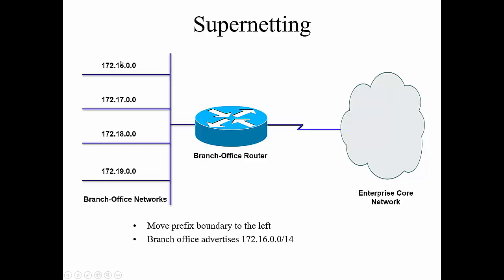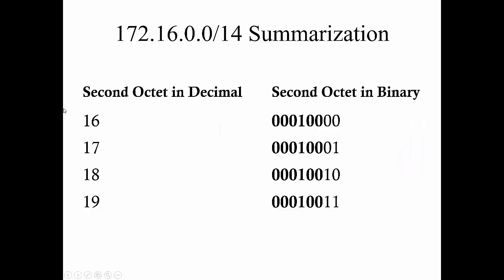So let's look at our second octet, 16, 17, 18, and 19. We could summarize all 4 of these by looking at what they all have in common. We look at the second octet because that's where our /14 is, and we break it down into binary.